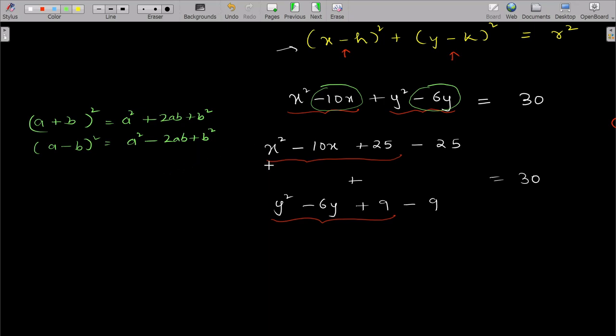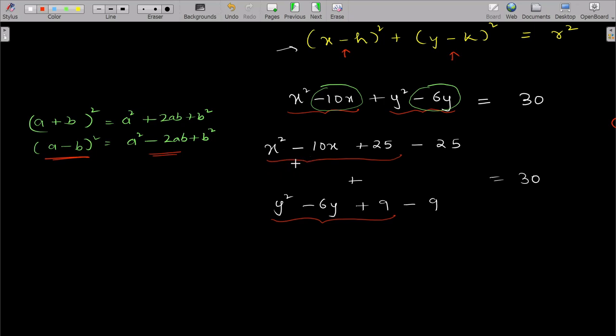Okay, so can you identify which of these two formulas is getting used here? The second one? The second one, yes, because this second term is negative, and the second term is negative in the second formula. So can you tell me the left side of this formula for this term?